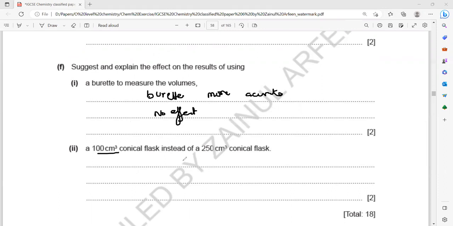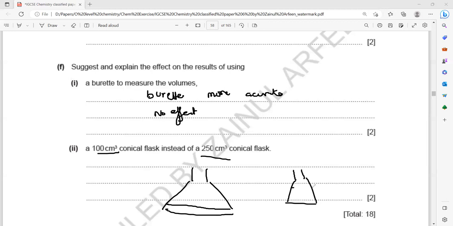But if we use a 100 cm cube conical flask instead of 250, like first we were using a 250 cm cube conical flask, which was large, having a smaller depth of solution. If we use a 100 cm cube conical flask, it will have a greater depth. So how will it affect the result? If you use a 100 cm cube conical flask, it will take less time for the cross to disappear. In the burette case, the result will not be 100% the same, but approximately, there is not a big difference.